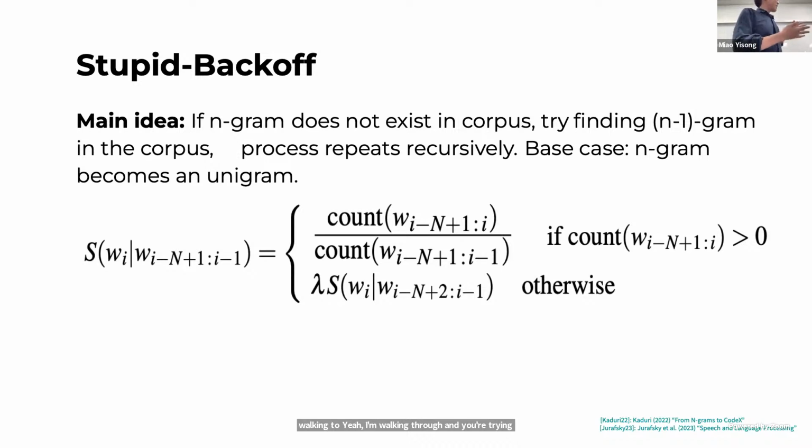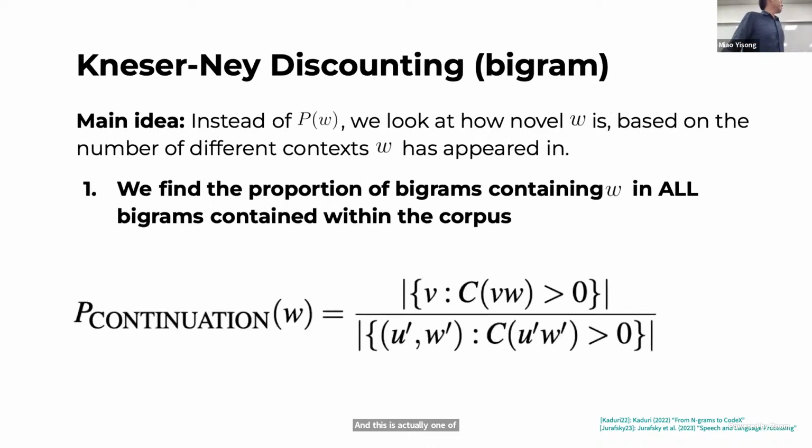In some sense this works because you are approximating the probability, and there's a lambda parameter to account for the fact that this is an estimated guess. This is actually the approach that Google introduced for their large language model back in 2003 on machine translation.